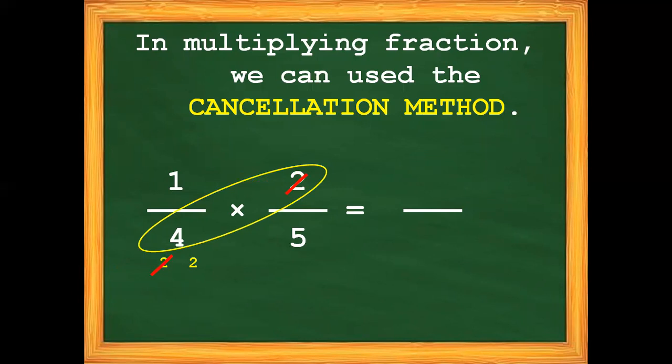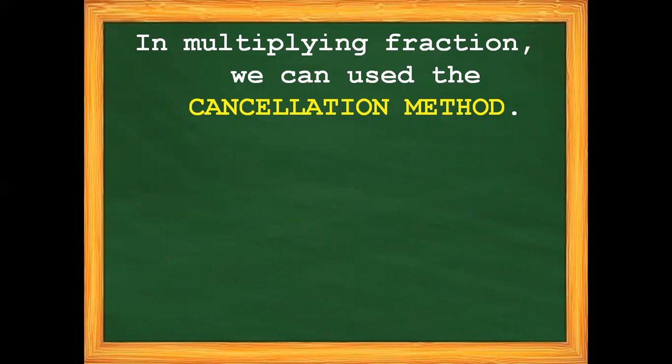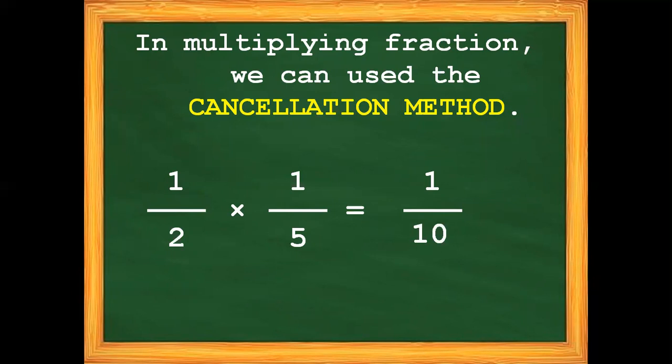So in short, we have 1/2 times 1/5. 1 times 1, so multiply the numerators, we get 1. Then next, multiply the denominators. So 2 times 5, we get 10.